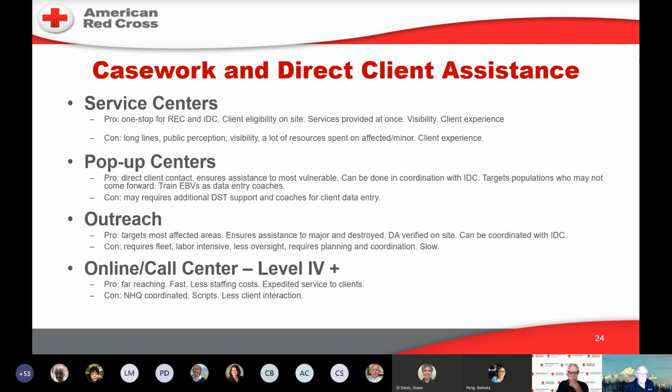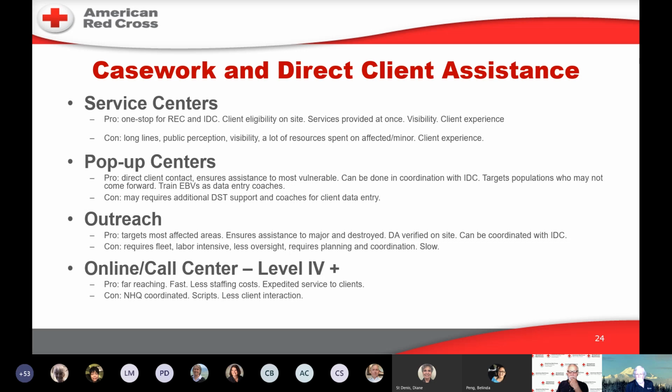The con on this one is it does require additional DST support, and we do have to train the coaches. I have seen where we do work more with EBVs. We're not looking at the full range of training a caseworker as much as we're working with somebody in a senior center, or of helping them through entering data onto a tablet.